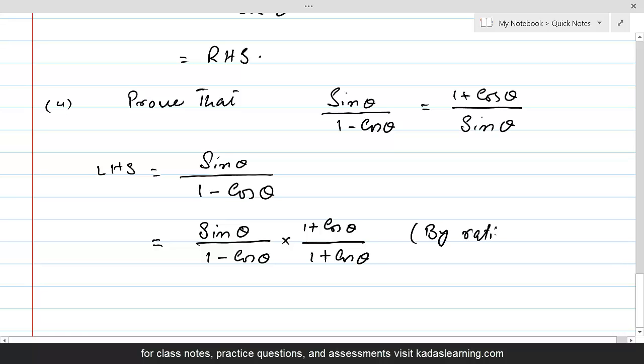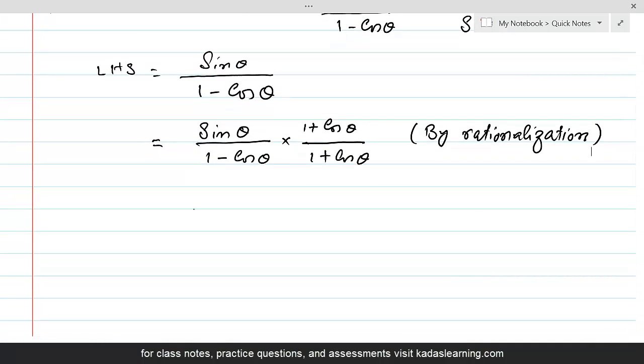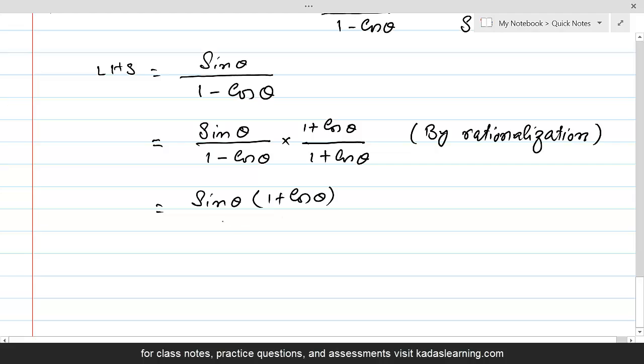This technique is called rationalization, and once we rationalize it, this will become equal to sine theta into 1 plus cos theta over a minus b into a plus b formula, which will become equal to a square minus b square.